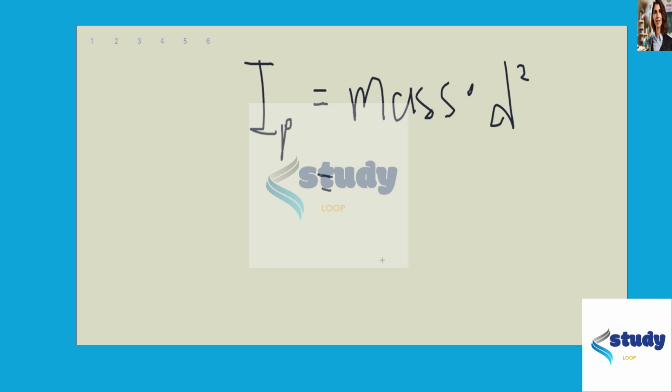So we're going to replace mass with m over 2, and we're going to replace d with L. So we get m halves L squared for I P. As for the rod, you can look this up in a table.